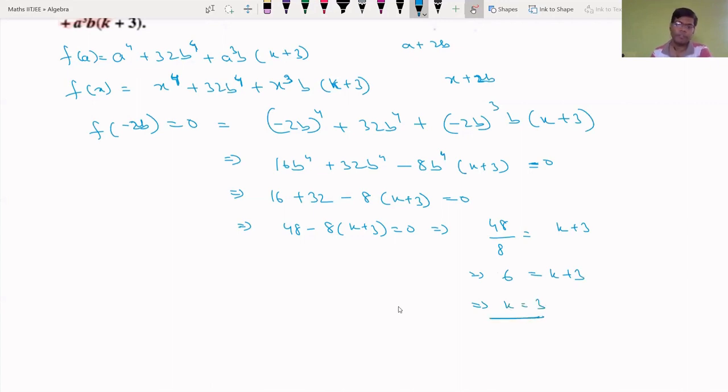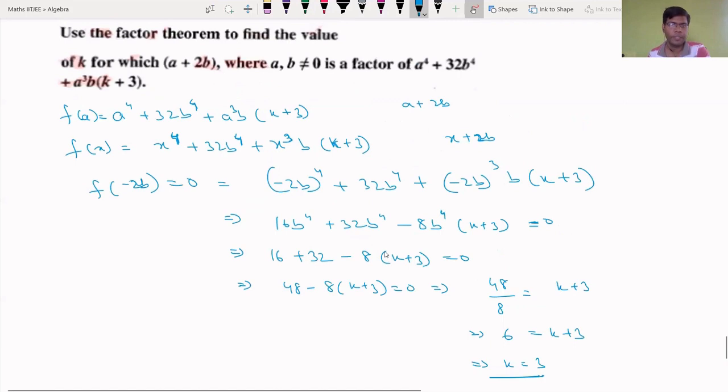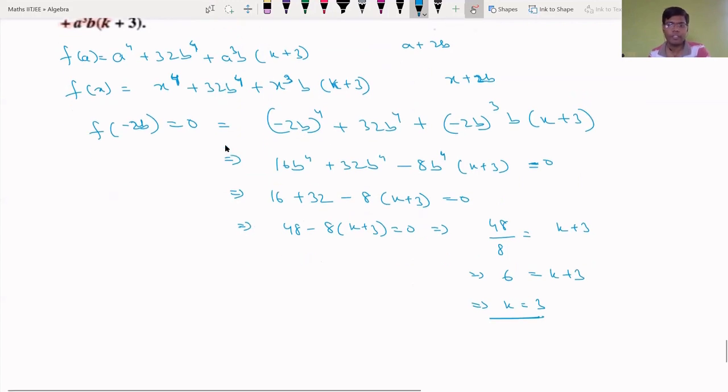So this is the value of k which I have got. It's not that the expression will always be in terms of x. Sometimes the expression could also be in terms of a's or b's. But we have to understand properly where exactly we should apply this factor theorem.